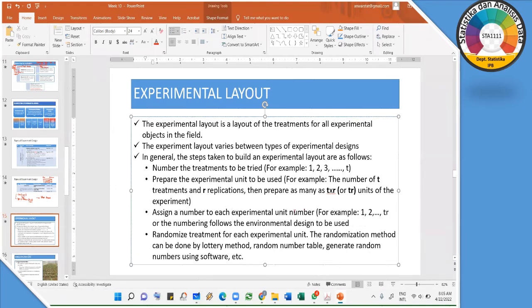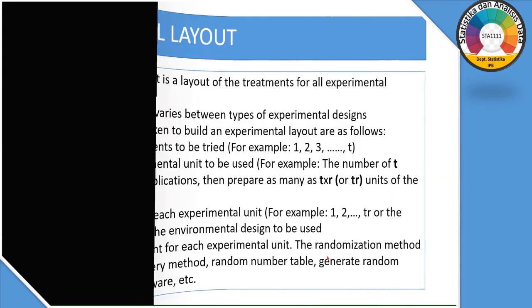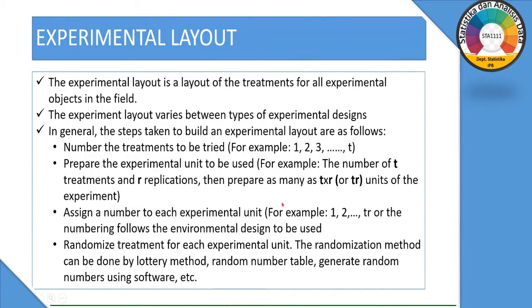I think this will be the better wording, right? So maybe if the experimental object is mice, then you can assign 1, 2, 3, 4 until 9 or until 12. Okay. Then randomize the treatment to each experimental unit.